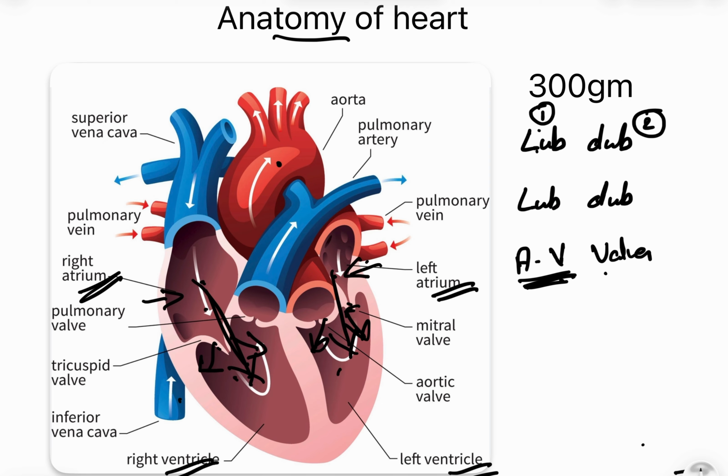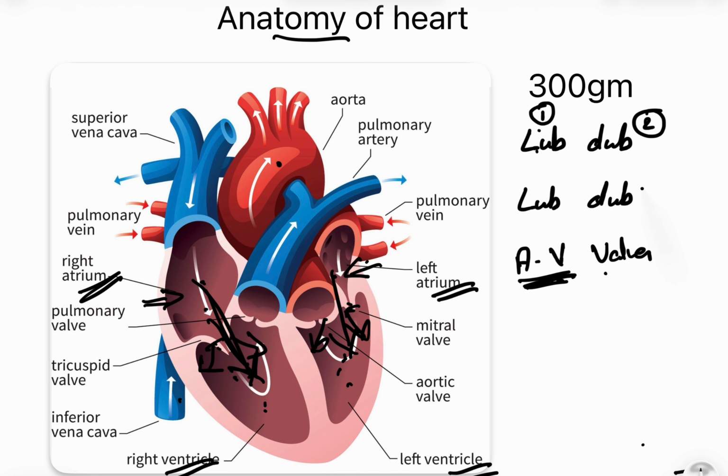So now we know what the lub sound is. The atrioventricular valves are the tricuspid valve and the mitral valve. Those valves are opening, meaning the atria are contracting, letting the blood go down to the ventricle. So now the blood is in the ventricle.